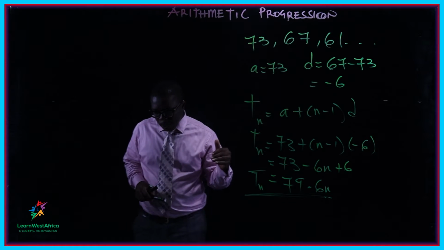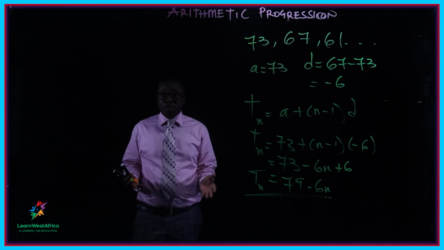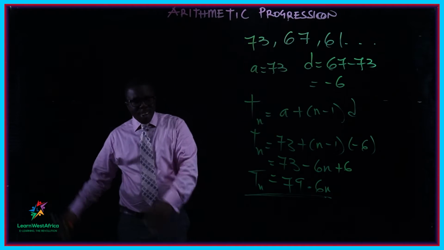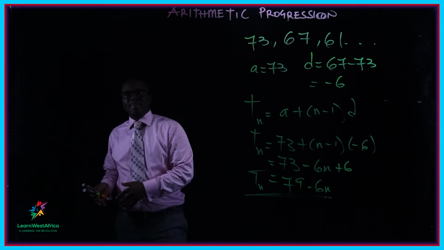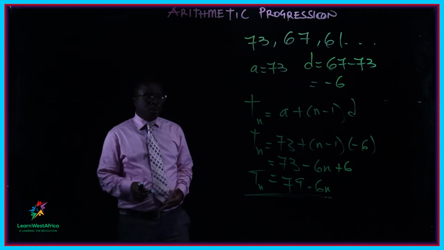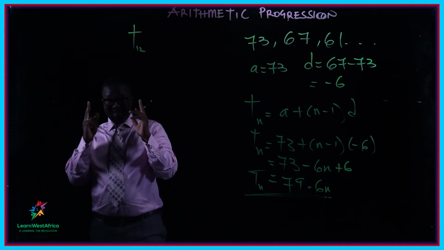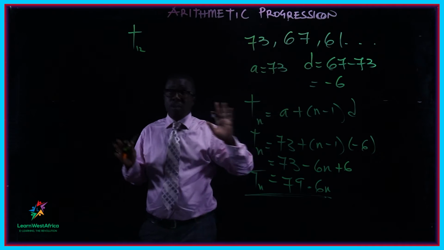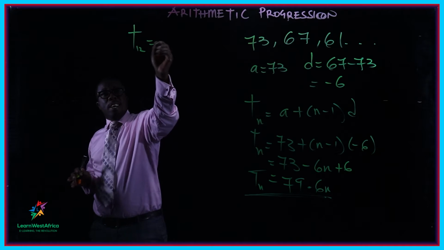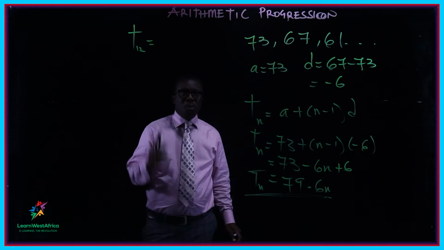The question further says, hence, find the 12th term, which means that on the basis of what we have, let's find the 12th term. So what do we do? The 12th term will be T12, not Tn. N is just for any term. Wherever you find n, you put 12 there.